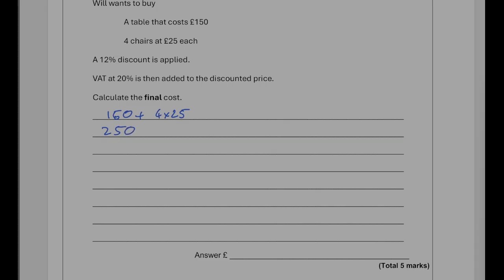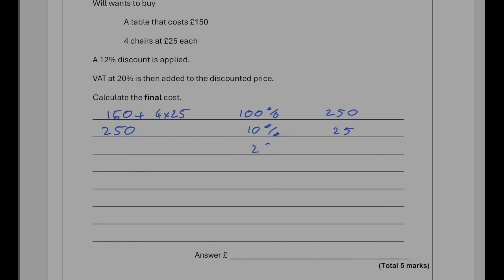Right, the 12% discount is applied, so I want 88% of this price. The way I'm going to do it though is I'm going to break it down and find 12% and then take that away. So the full price is going to be 250. So 10% is going to be equal to 25.